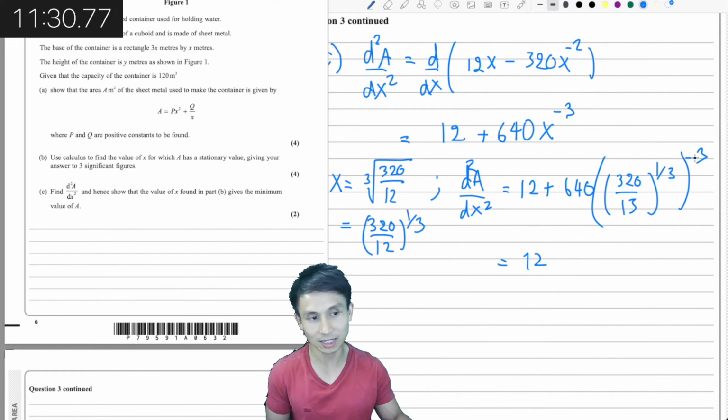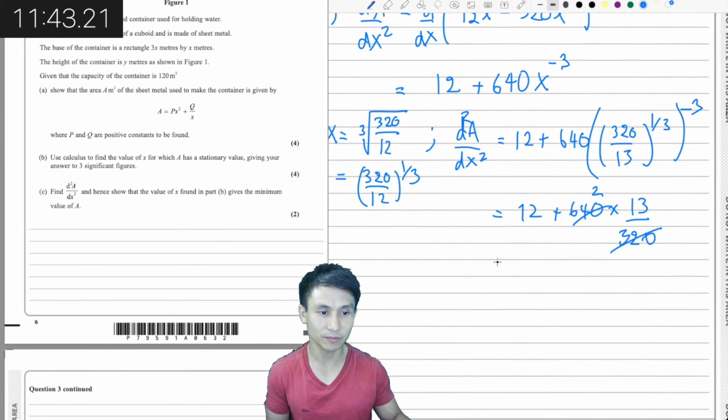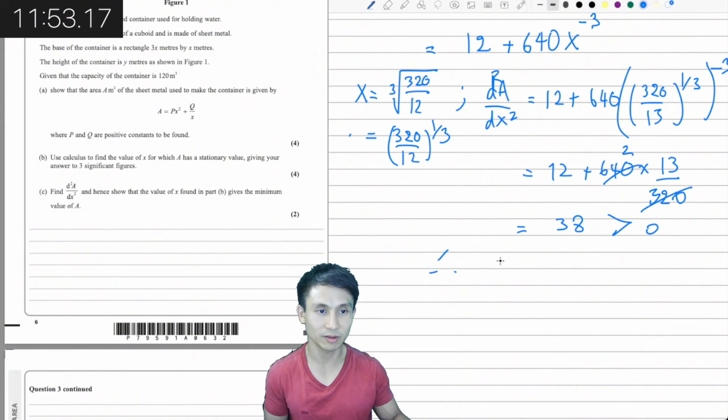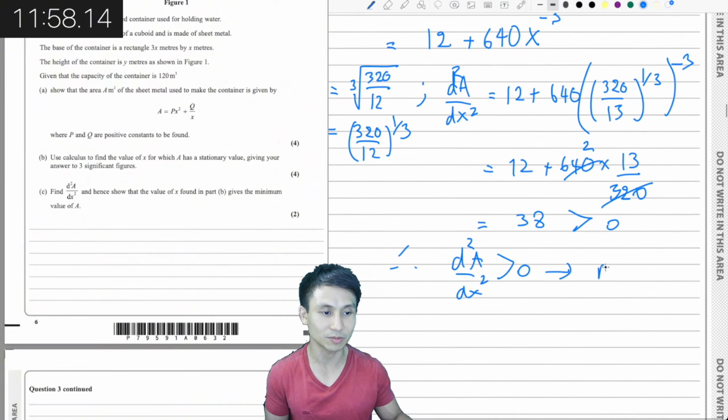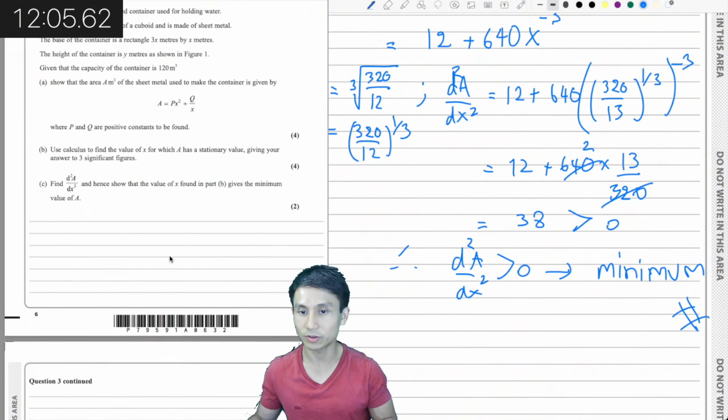Basically this is going to cancel, 1 over 3 times minus 3, that's minus 1. So flip the fraction instead, and we get 2 here. That is 26 plus 12, we get 38, which is greater than 0. Therefore, d squared A by dx squared is greater than 0, indicating that this is a minimum. As required.